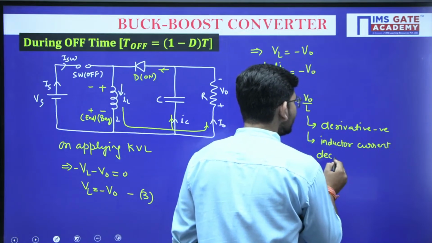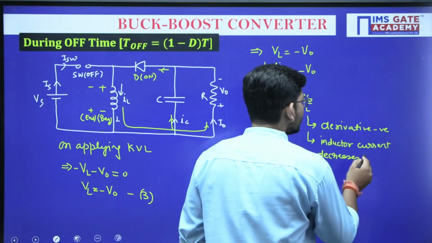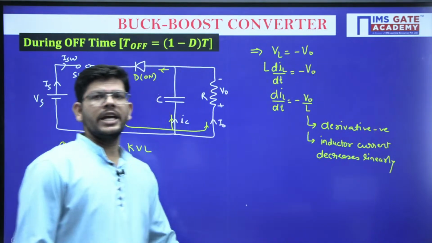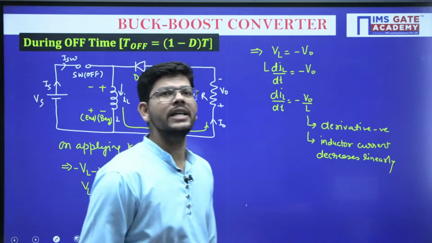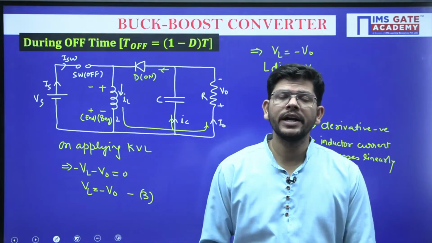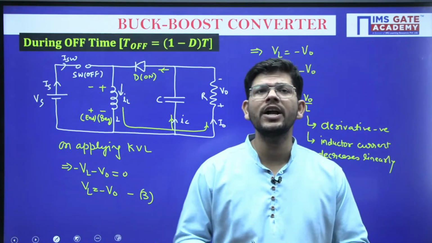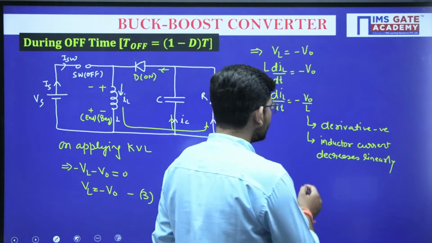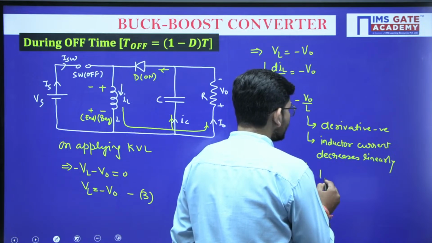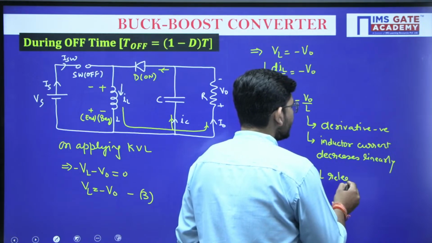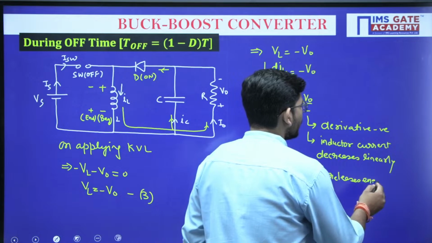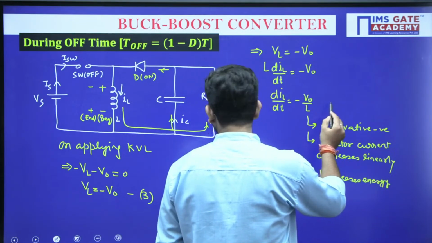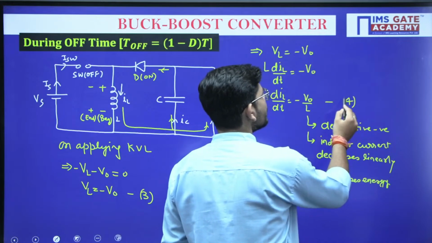If inductor current is decreasing, the energy that the inductor has, half L I squared, also gets reduced, meaning the inductor is right now in the mode of releasing energy. So L releases energy right now. So this is what is happening in this circuit. Let me call this equation number 4.